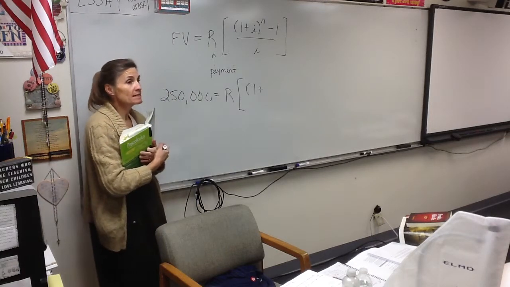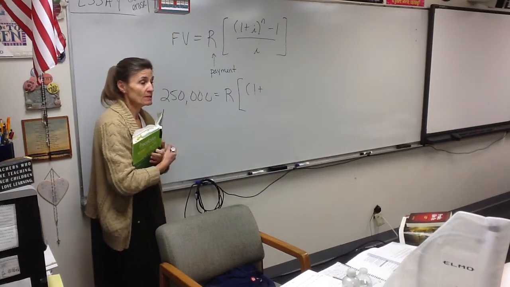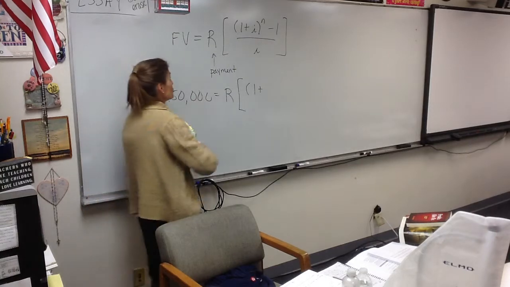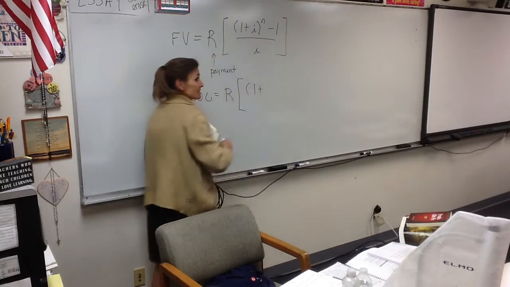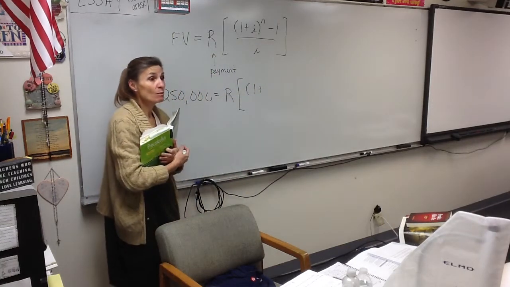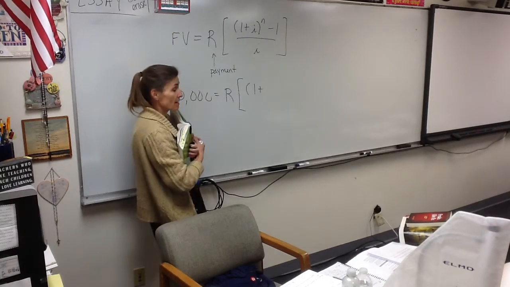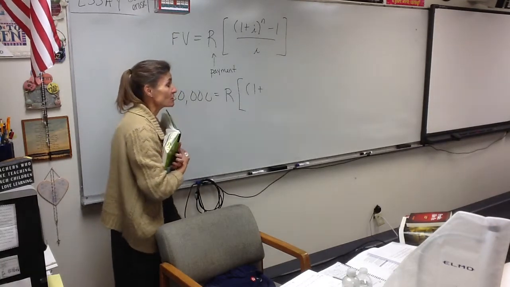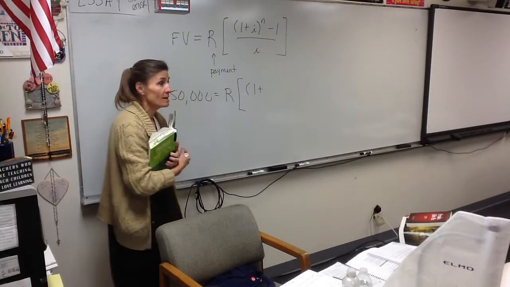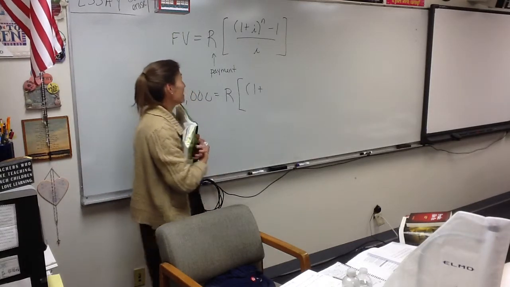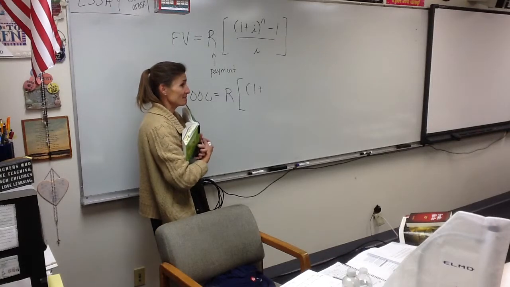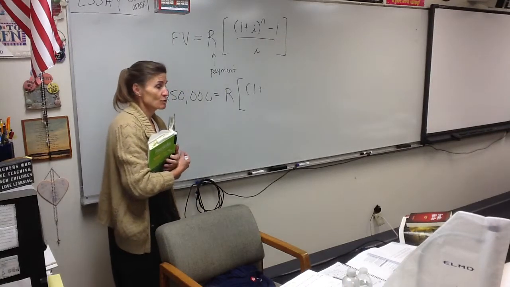Now here's where things get a little bit different in this formula. You will probably guess that I is the what? Well, not in this problem. I is the imaginary unit, but not in this problem. What do you think I is? The interest rate, right?